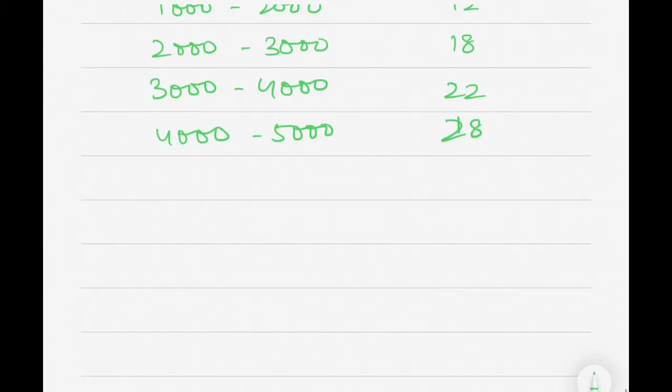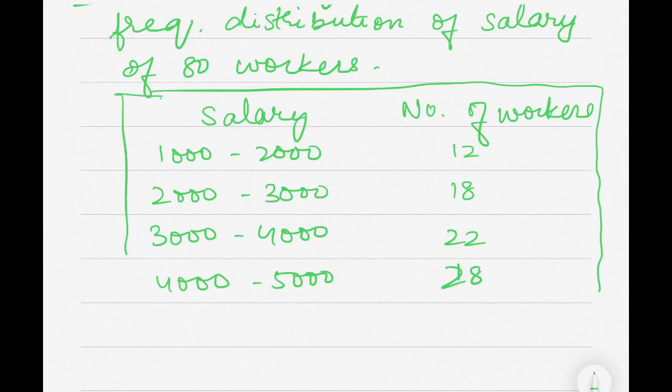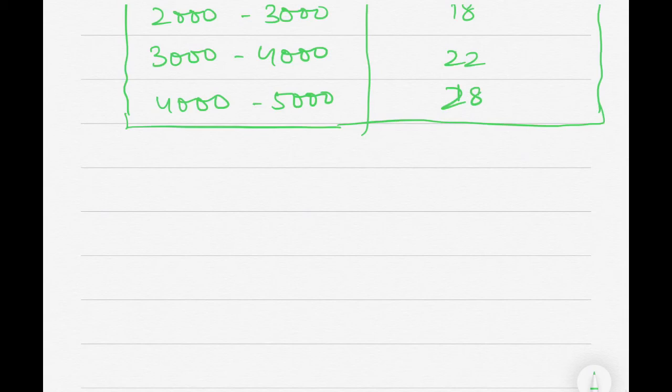Okay, so these are my values. Okay, I can make the lines. So this is my table.